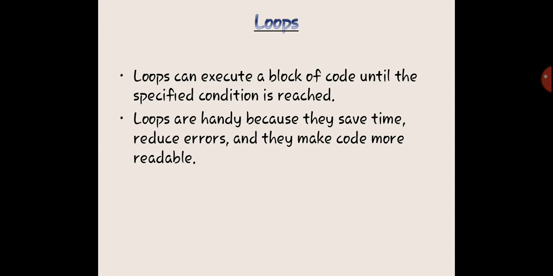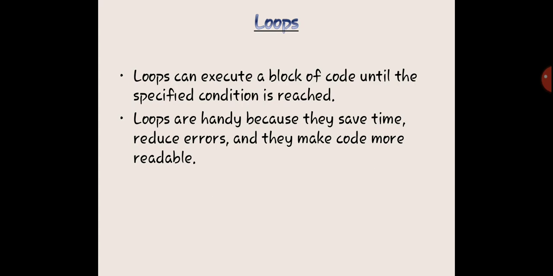Loops can execute a block of code until the specified condition is reached. Of course, loops are handy. They save time and they reduce errors. Usually in programs, if I want to execute a statement two times, I will type it two times.